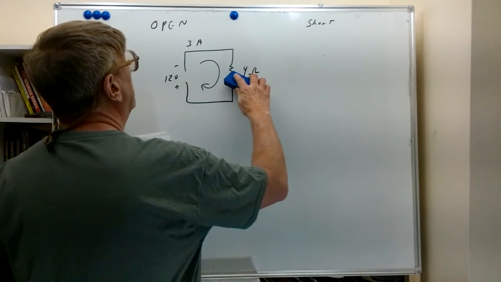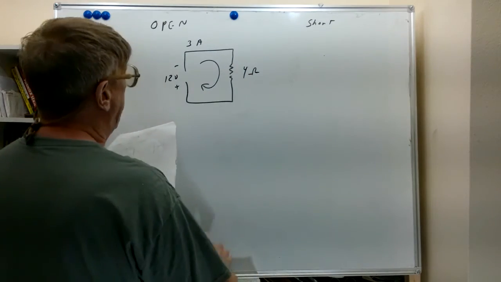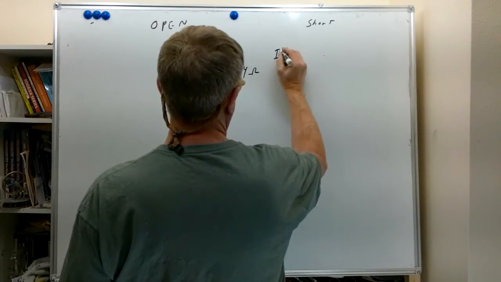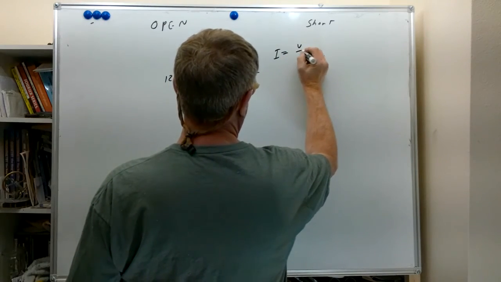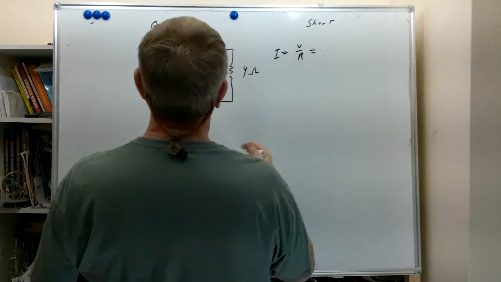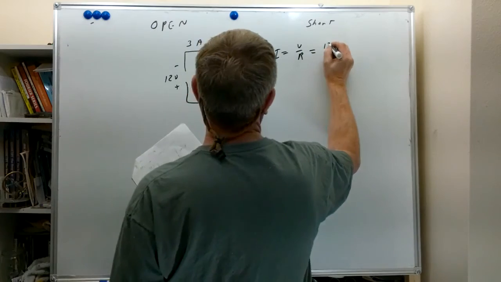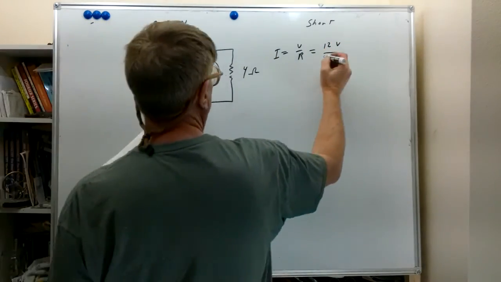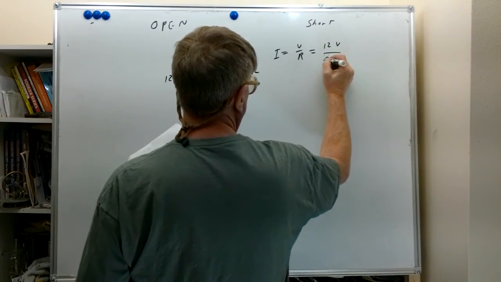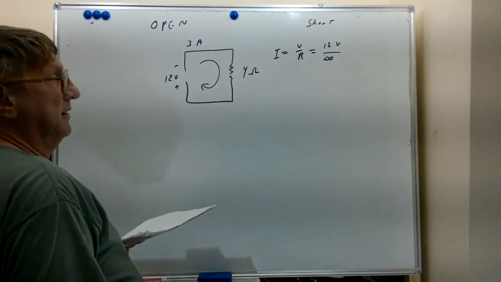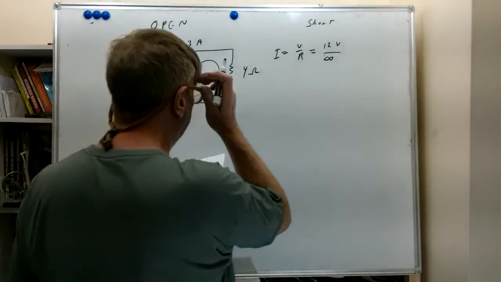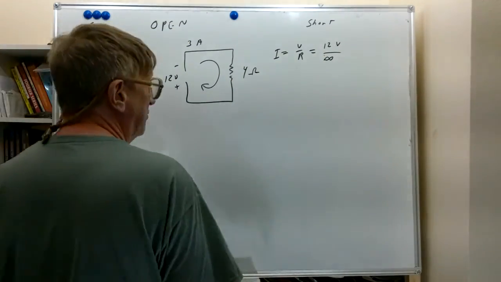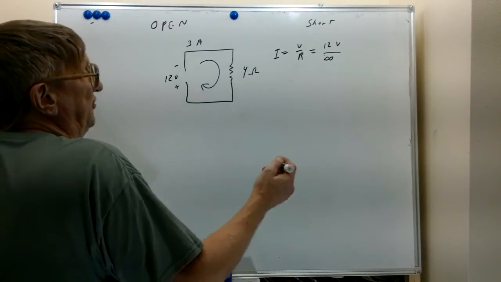Suppose that this resistor burns open. What happens? Now, current equals voltage over resistance. So we still have the 12 volts, but now we have an open, which amounts to an infinite ohms. This is the symbol for infinity, kind of like a little figure 8 on the side, which when you divide infinity into any number, it really just can't go into there.